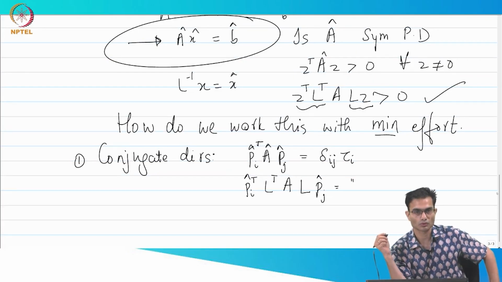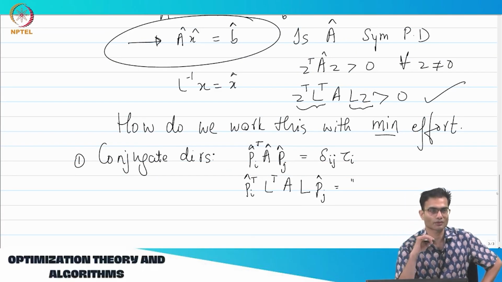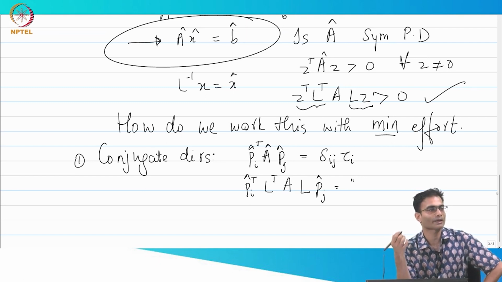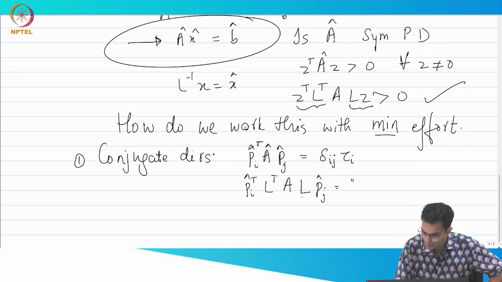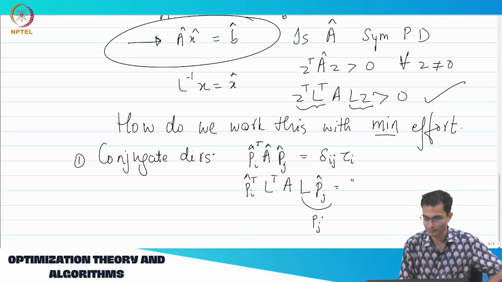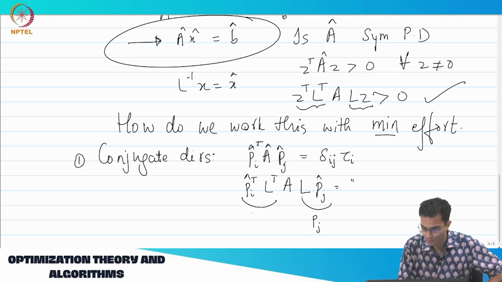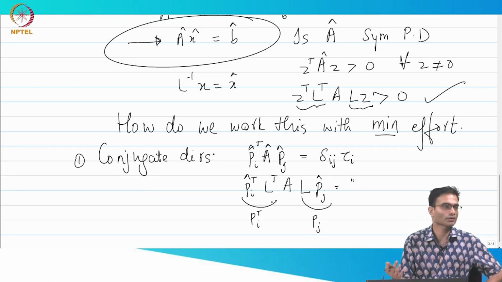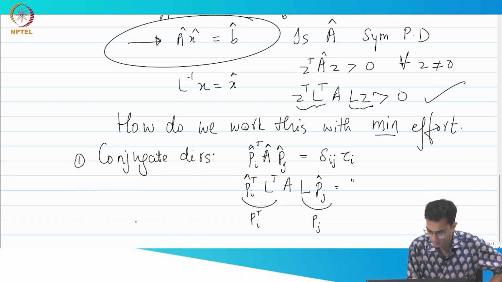Right. So if I just wanted to make sure that everything went ahead as before, what would be the most obvious choice of Pi hat? So if I made this equal to Pj, and this equal to Pi transpose, I'll automatically ensure A conjugacy, right.